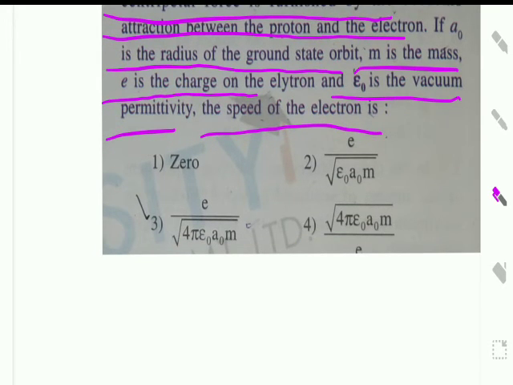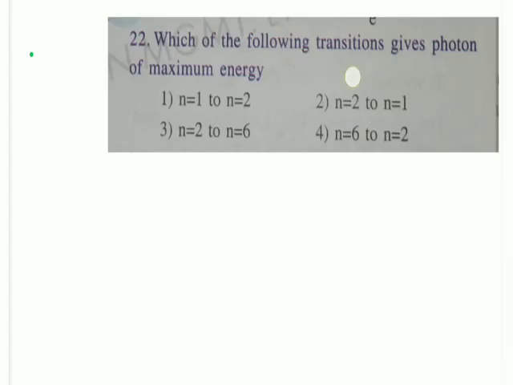The speed formula is v equals e by under root 4 pi epsilon naught a0 into m. So the third is the right answer.